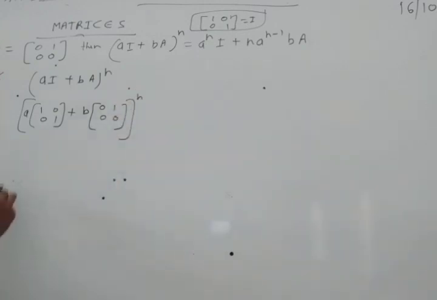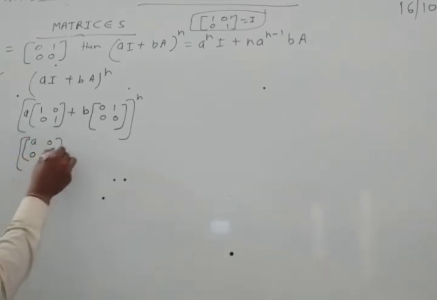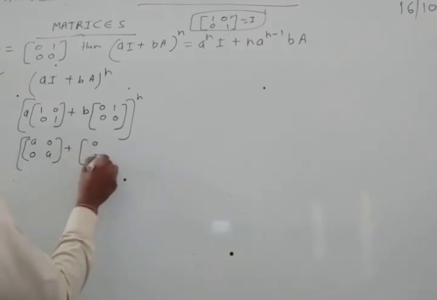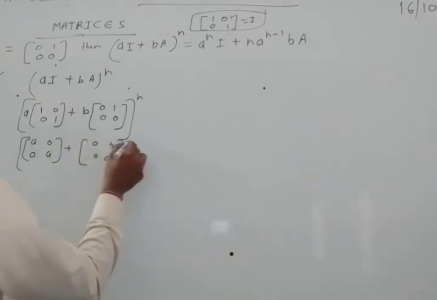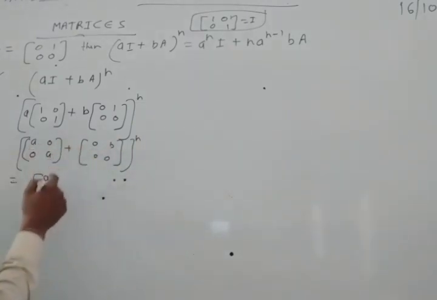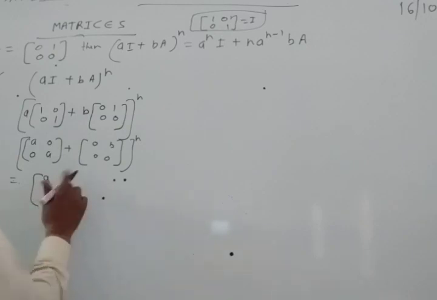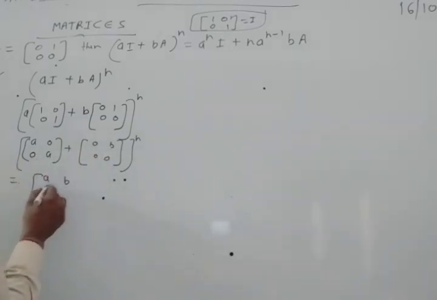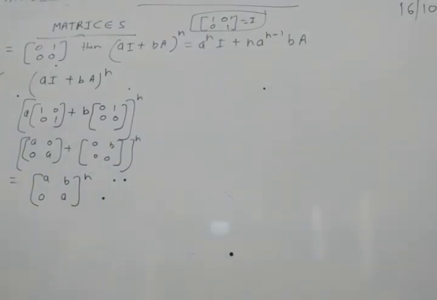Now solve this: a 0 0 a, plus 0 b 0 0, to the power n. Now we get a and here b, and this is 0, this is a, to the power n. So this is our left hand side: a b 0 a, to the power n.